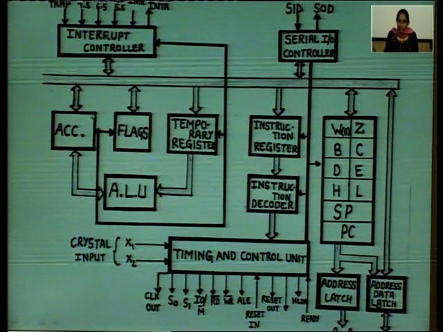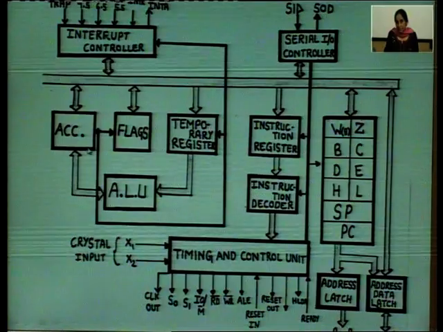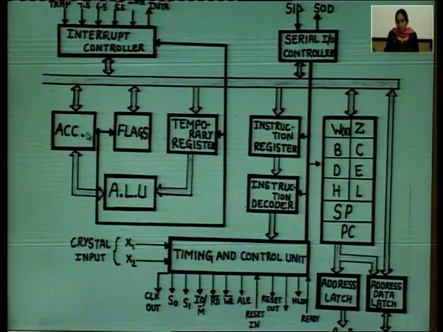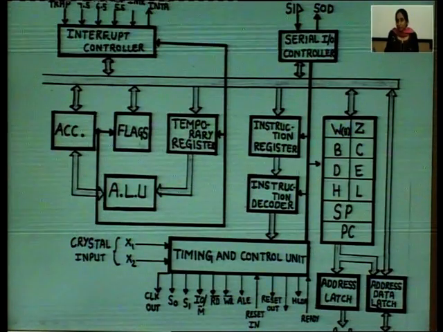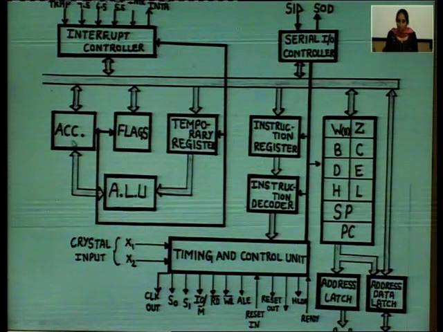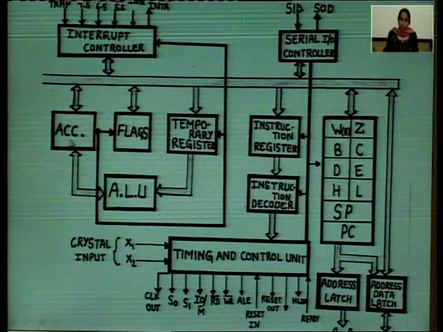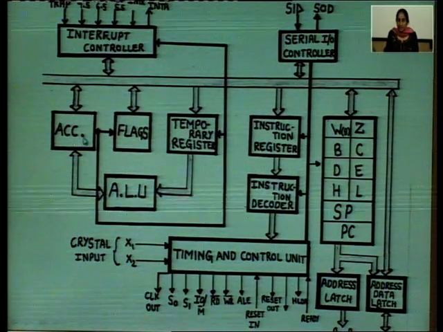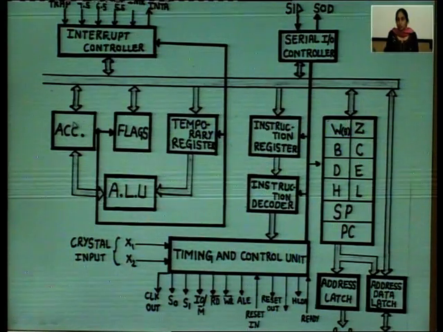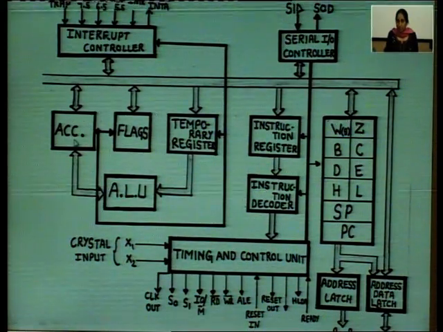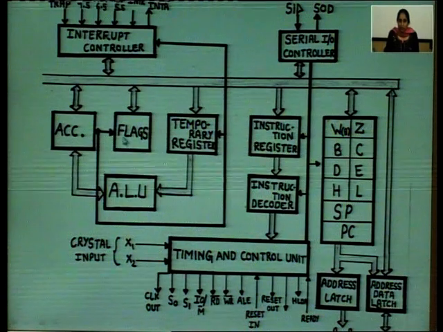Then we have the accumulator. The accumulator is an 8-bit register. Whenever any arithmetic or logical operation is performed by 8085, one of the bytes is stored in the accumulator. After the execution of the operation, the result is also stored in the accumulator. Flags.